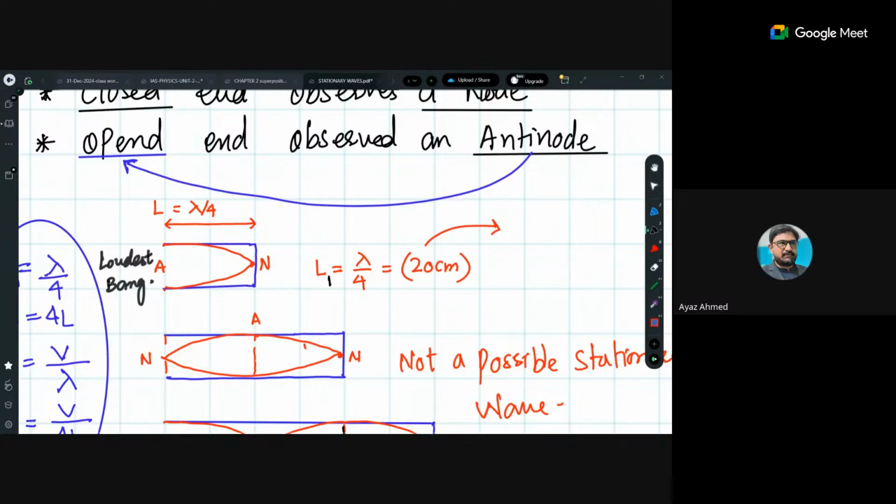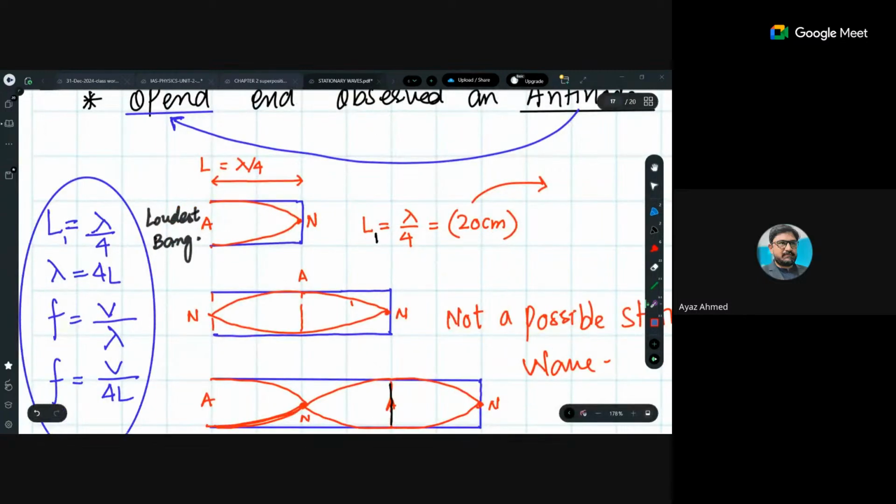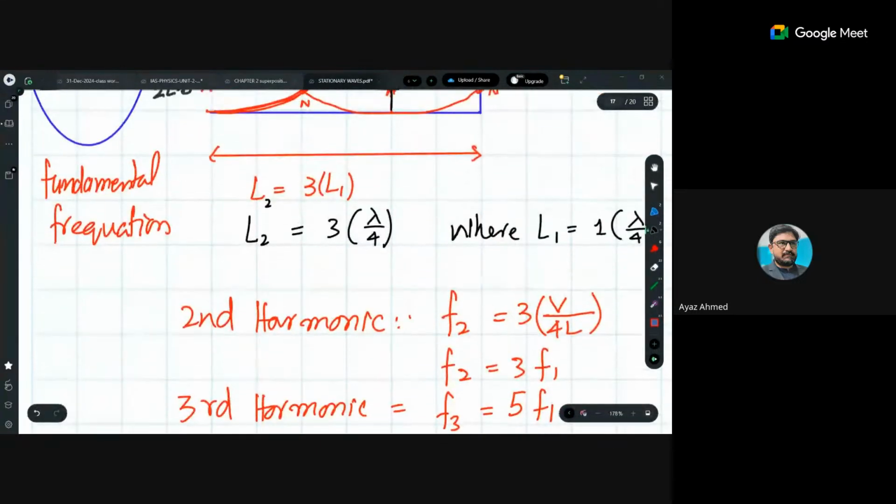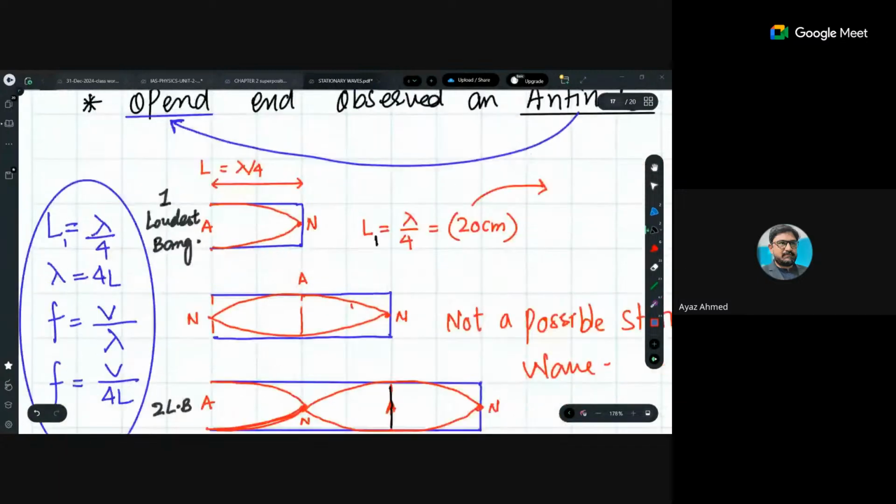So when the length of the tube is 20 centimeter, in that 20 centimeter you have heard the first loudest bang, right? This is the first loudest bang. This is the second loudest bang, and I have prepared just two diagrams here.